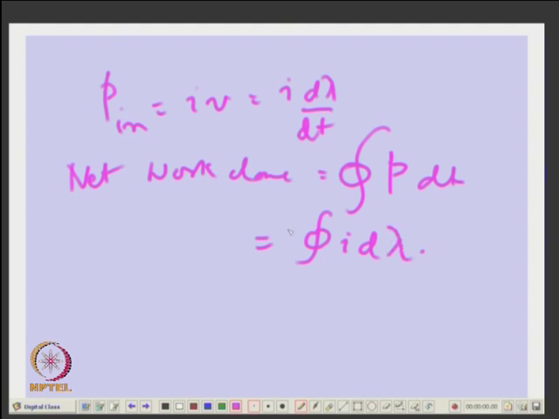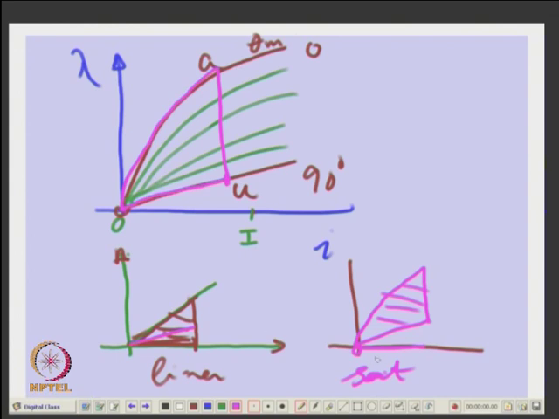This is lambda, sorry, this is lambda, this is I. If we integrate, this will be the net work done, this area. In the process, you have put in some power and that is the net work done. Okay.